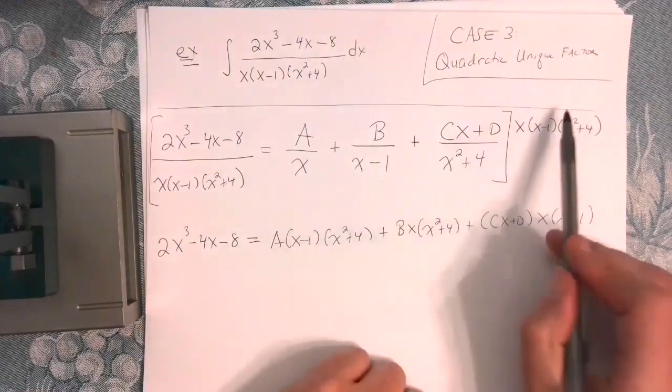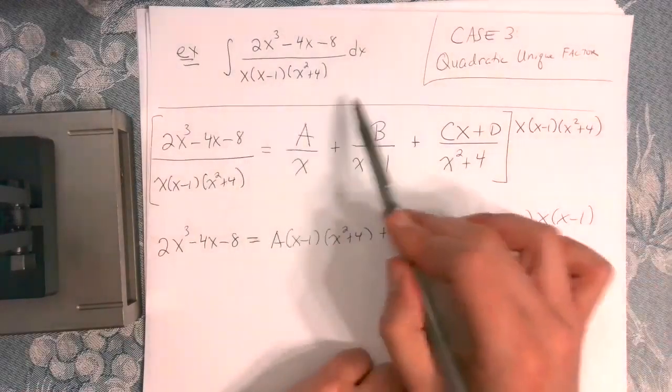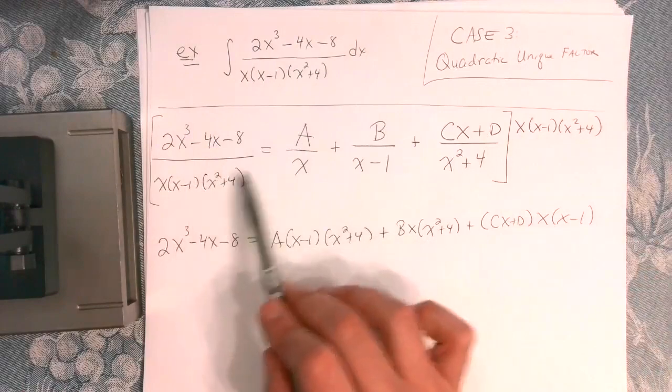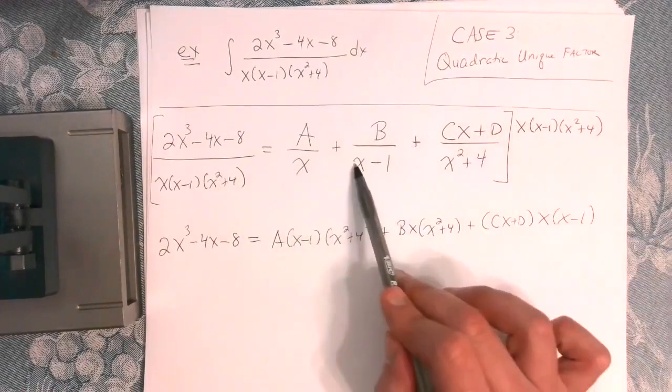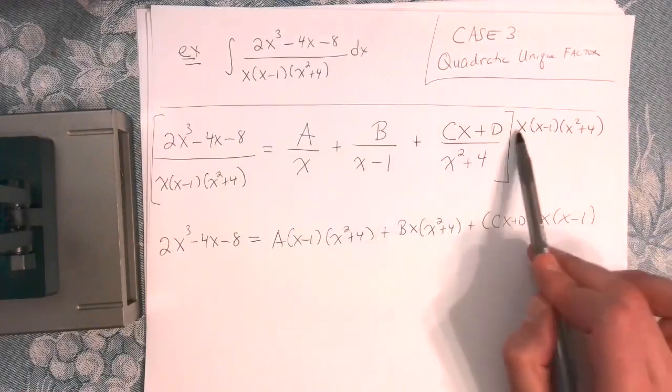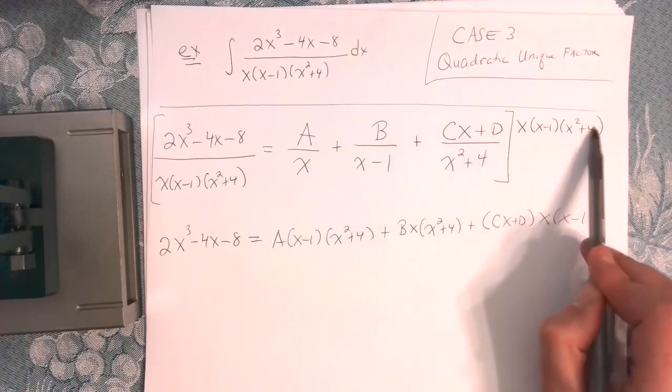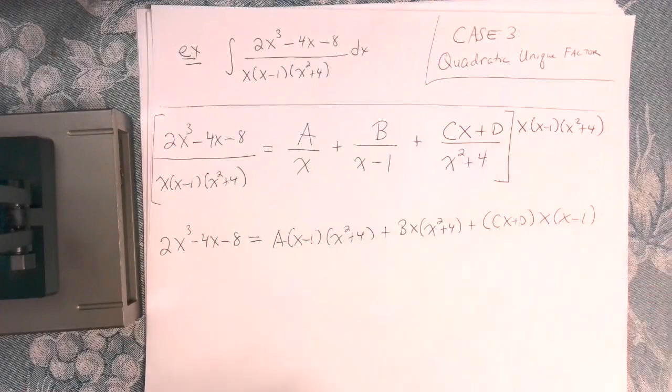Okay, so what did I just do? I took this and distributed it here, here, here, and here, and canceled. So goodbye, goodbye, goodbye, goodbye. That would stay with A. Goodbye, goodbye. That and that would stay with B. Goodbye, goodbye. That would stay with Cx plus D.